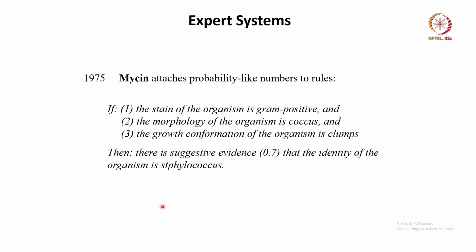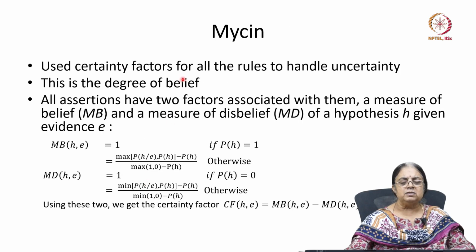This is another example of a rule in Mycin. It uses what are called certainty factors for all the rules to handle the uncertainty. It's called the degree of belief. So how much belief do you have in this particular inference?